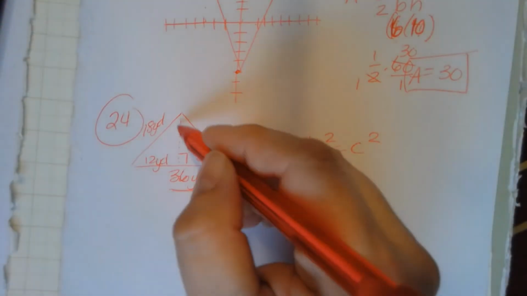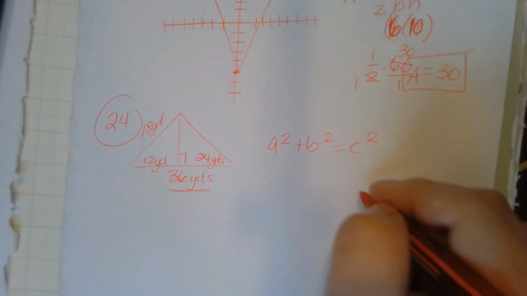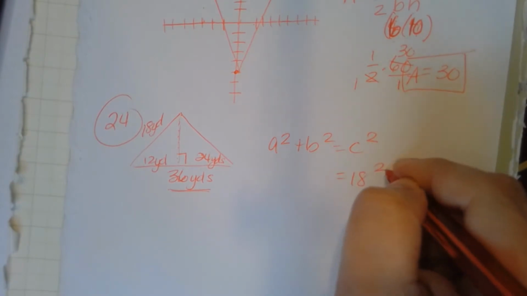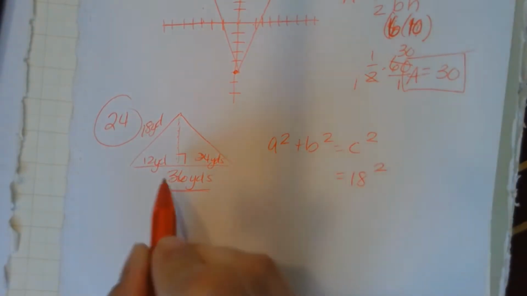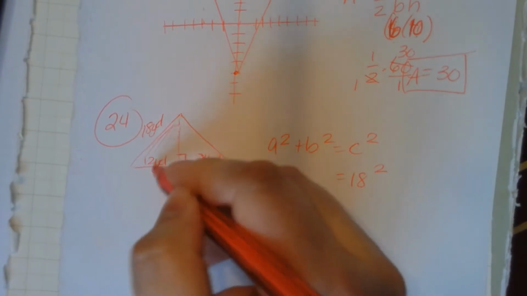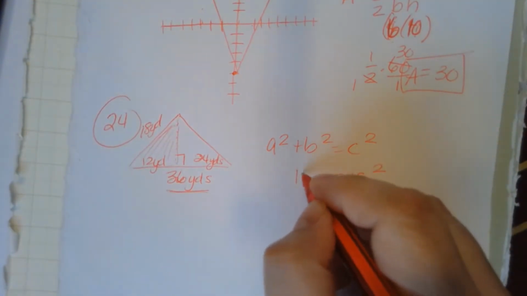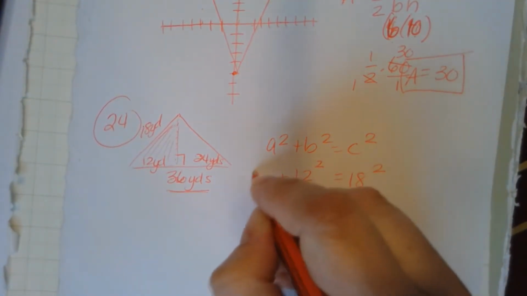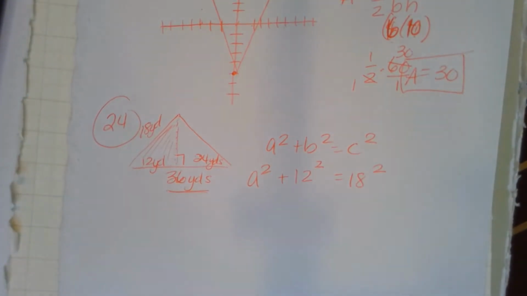Oh, okay. I'm only going to deal with this side. So I'm going to make this 18 squared, okay? And then I know the other side of just this that I'm highlighting is 12 squared. So I'm just going to make a my unknown.